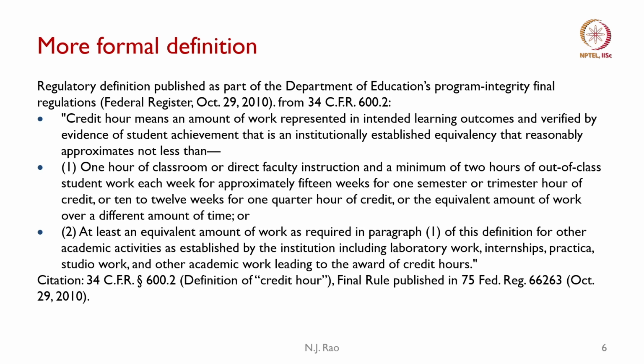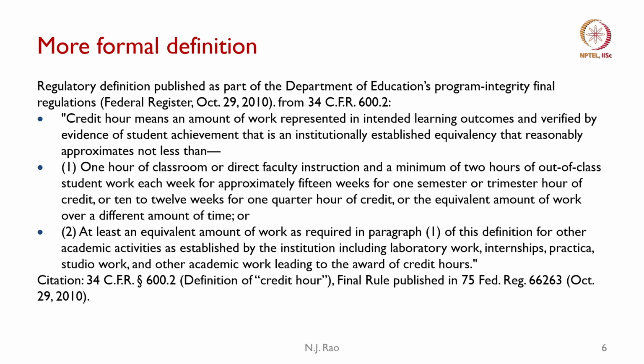Now, it is good to know where the formal definition has come from. The regulatory definition was published as a part of the Department of Education's Program Integrity Final Regulations. The reference is given there. You can go on to the website and take a look at it.